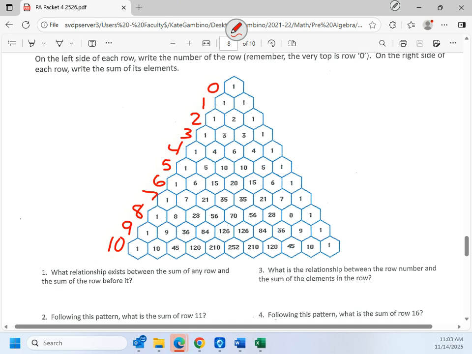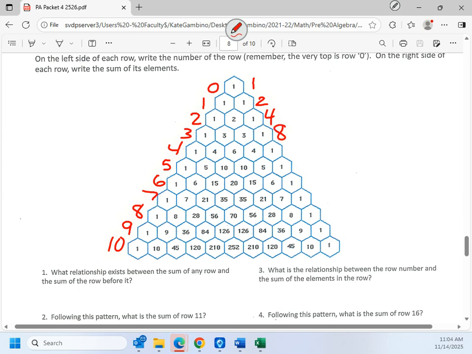On the right side of the row, write the sum of its elements. So here, 1, just as the 1. Here we have 1 plus 1 is 2. 1 plus 2 plus 1 is 4. 1 plus 3 plus 3 plus 1 is 6, 7, 8.